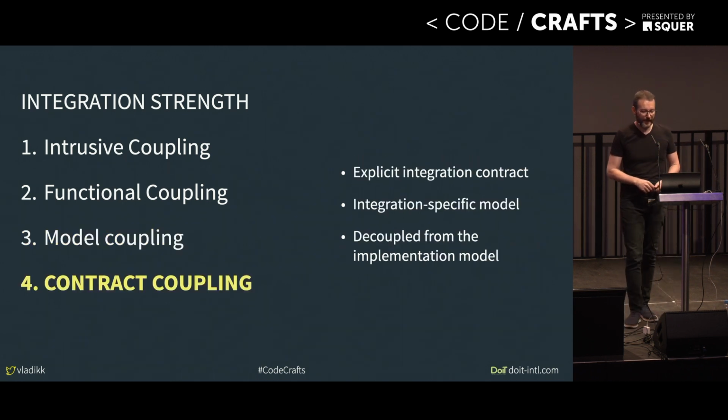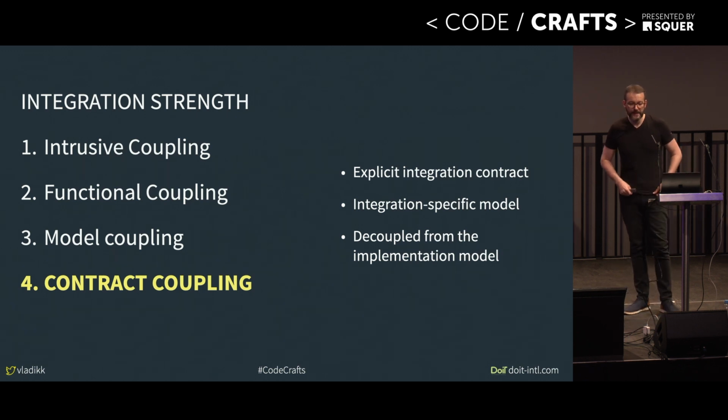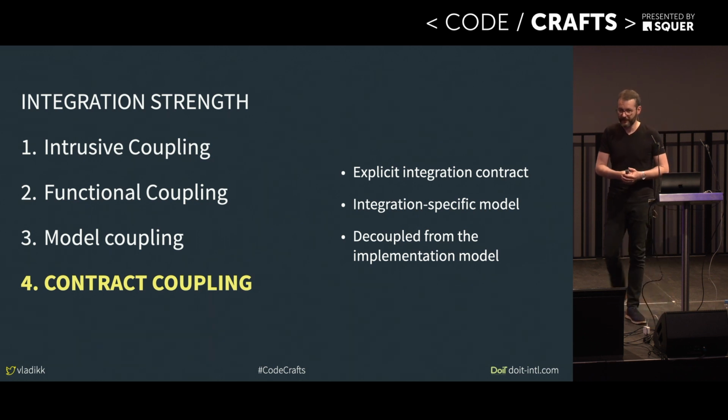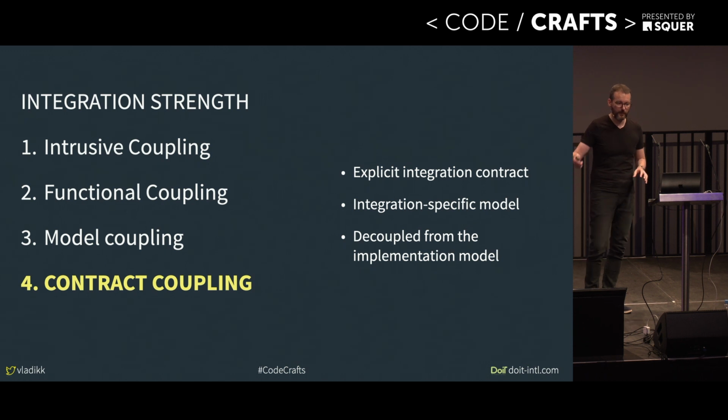Okay, the lowest level is contract coupling. And here we have an explicit integration contract that is being used by two connected modules. The idea is that the integration contract is decoupled as much as possible from the implementation model, from the model from the previous level.